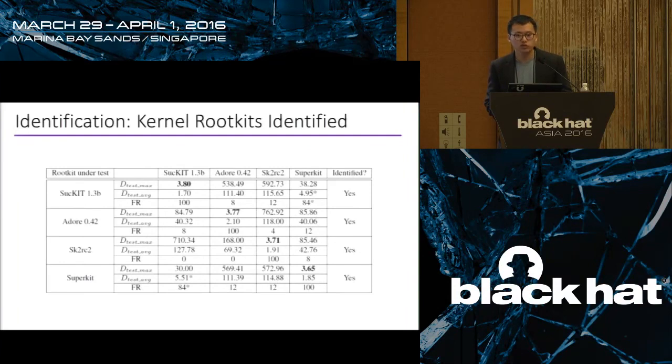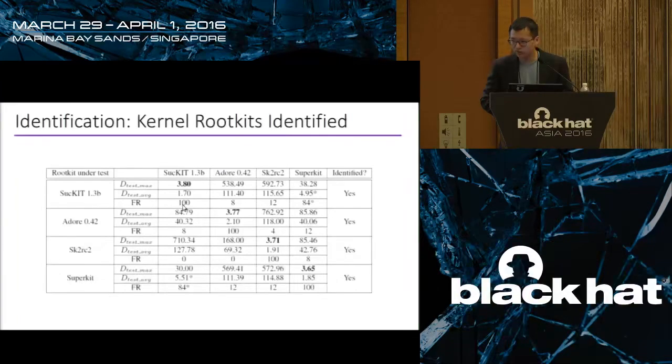The threshold that we set is 5%, same as in the detection flow. So if we compare two rootkits and their deviation is smaller than 5, we say they're the same rootkit. If the deviation is bigger than 5, we say they're different rootkits, right? You can see that for the same rootkits, the deviation all falls below 5.